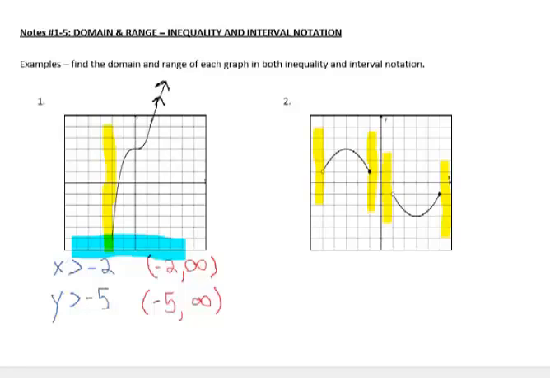So this domain here, in inequality, we've got 2 things that we need to write. We need to write x lies between, on the first one, what is that x value, -1, -2, -3, -4, -5.